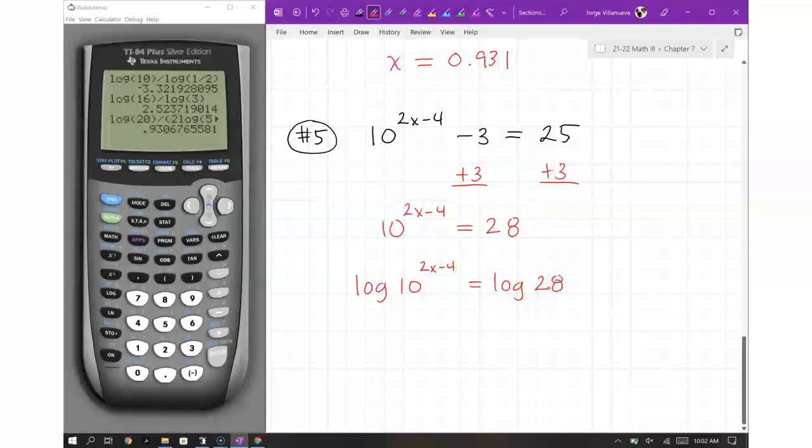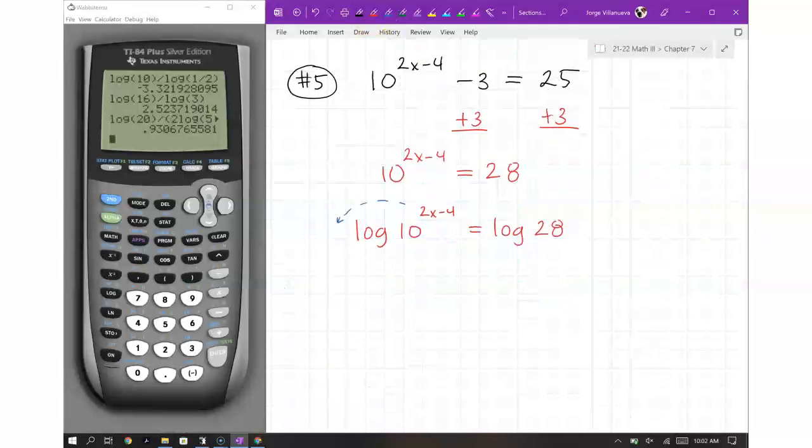That allows me to get that whole thing, 2x minus 4, and bring it to the front. So this becomes 2x minus 4 times log of 10 is equal to log of 28.